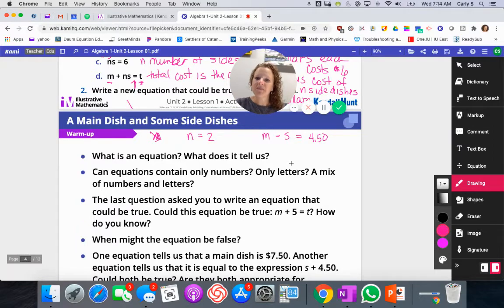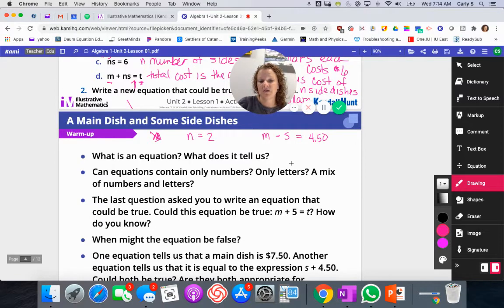Can equations contain only numbers, only letters, a mix of numbers and letters? Well, we just saw some examples where equations contain letters and numbers, multiple letters, many different numbers, right? The last question asked you to write an equation that could be true.